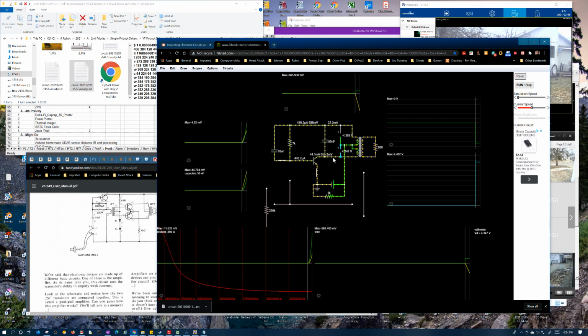But what's happening is that, as current picks up through this transistor, it's increasing the field, the current flowing through these coils and charging up the field, but that's generating a back EMF or counter EMF, which is showing up across this coil over here as an increasing voltage.